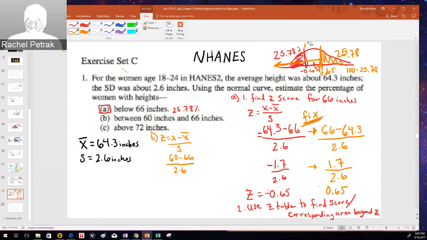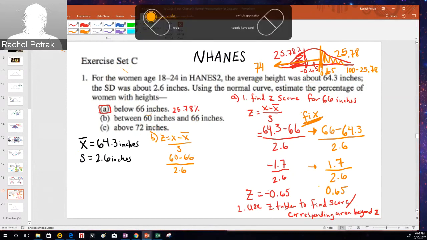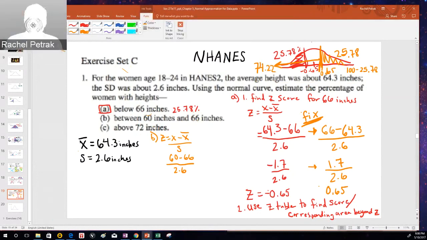Starting to run out of space here. But that number was 74.22. And I'll, for posterity, fix it over here.